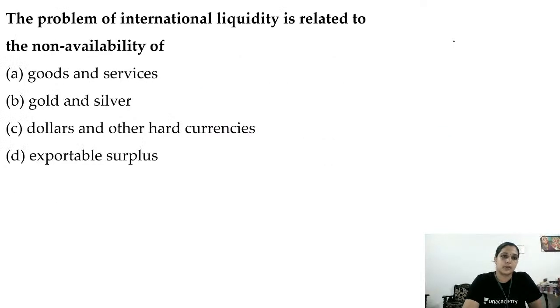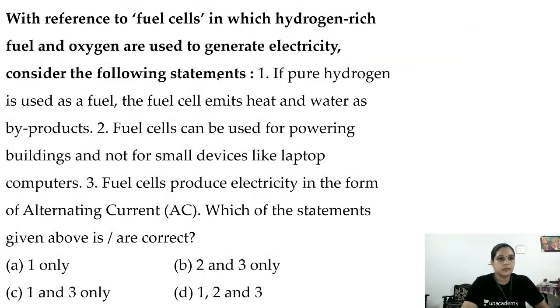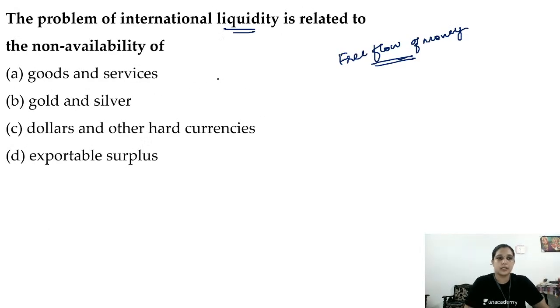Okay, next question. The problem of international liquidity. So liquidity means free flow of money, like a liquid, free flow of money. The problem of international liquidity is related to the non-availability of. Fine. So in this question, liquidity means there is a free flow of money.